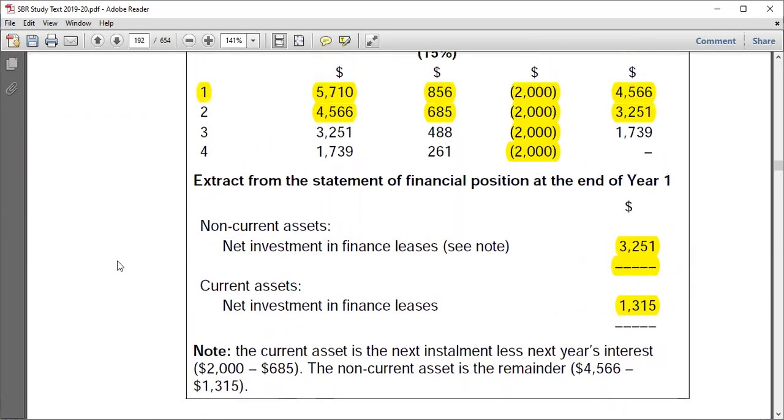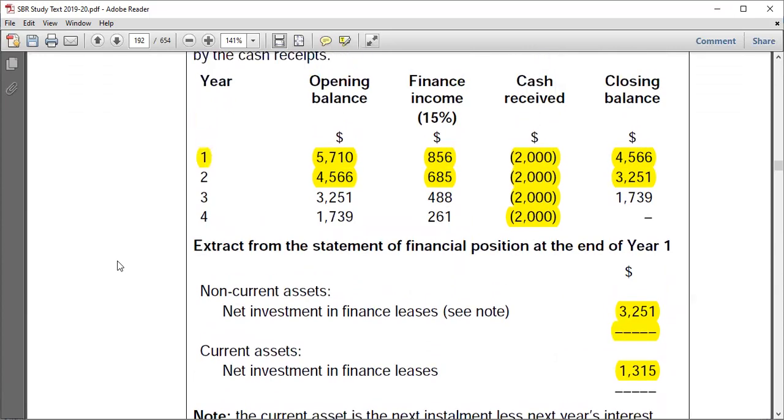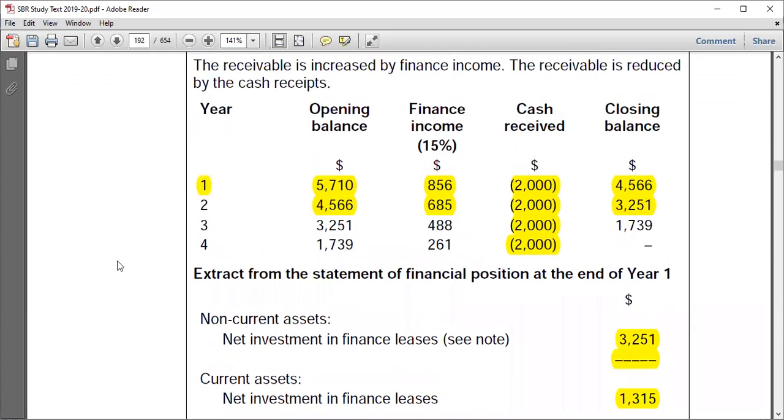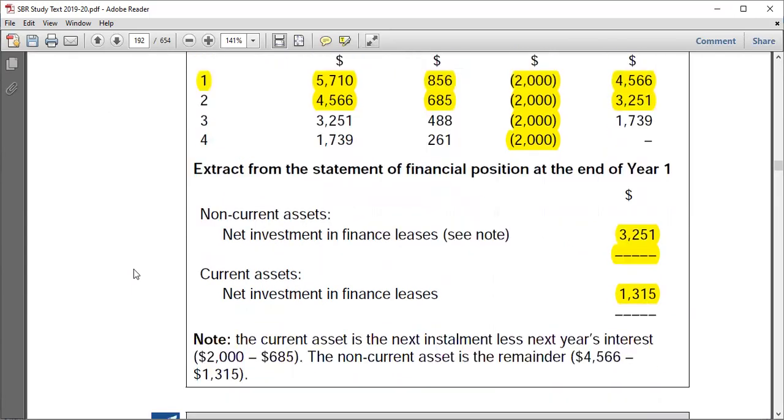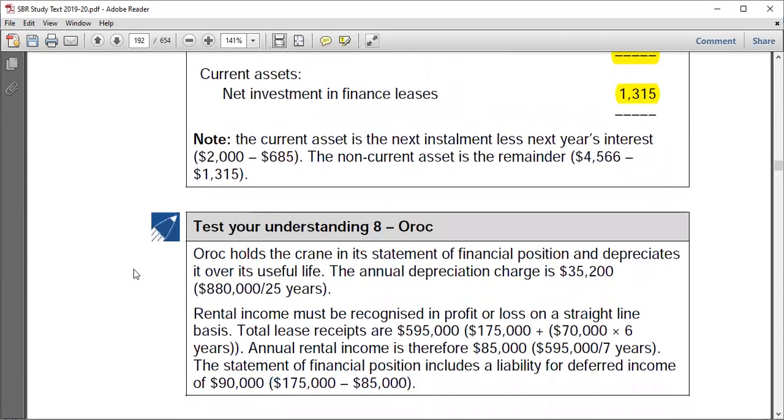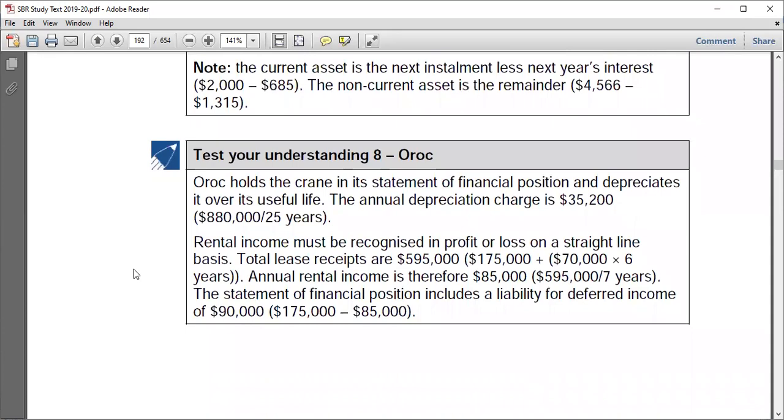Actually, the other point will just be normal, because maybe if we are told to prepare the income statement, we would say I have the finance income, and this goes under income, the statement of profit or loss. Right? Cash received, we go to the statement of cash flow, just like that. So not much of an issue, right?